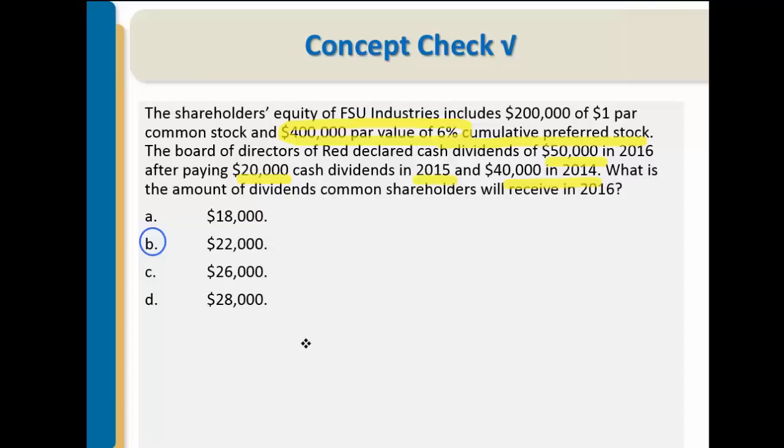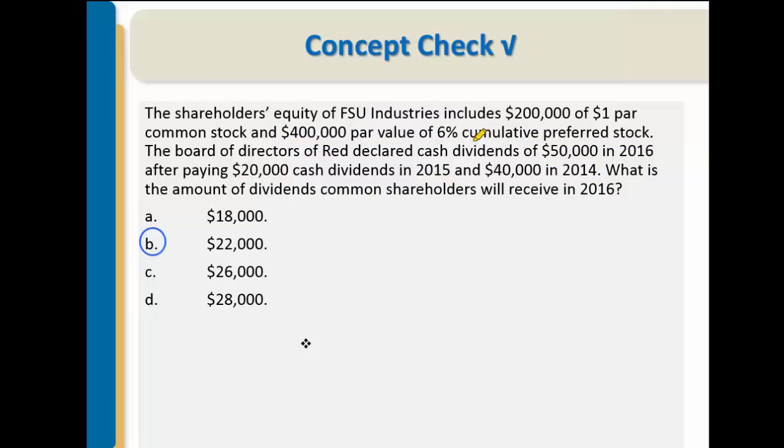The idea is pay up and make it even Steven before you can pay anything else out. So in 2016, the preferred stockholders get $24,000 plus the remaining $4,000 from 2015, which is $28,000, and that's 28 from 50, which gives us $22,000. So B is the answer, and I did that in my head, which is amazing, but I couldn't have done it without having the answer right there.